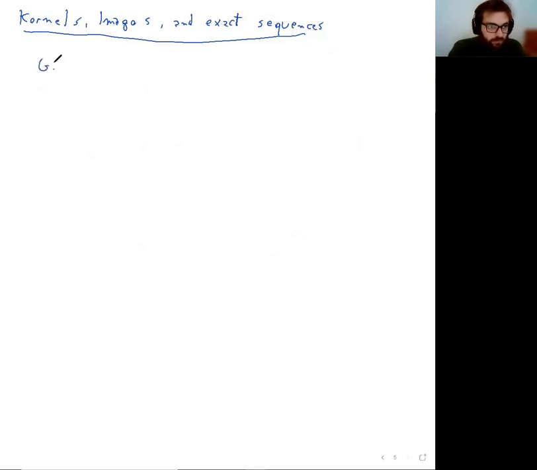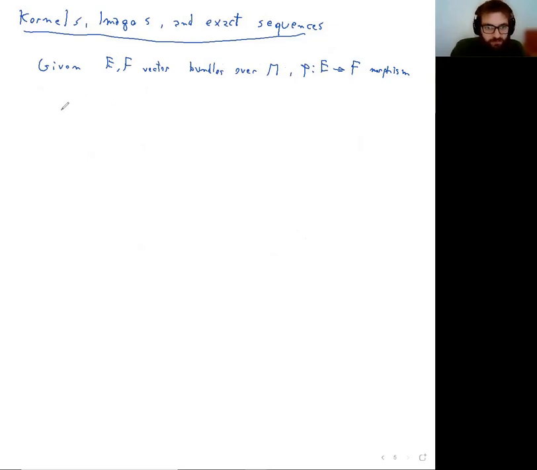Okay, so to talk about kernels, we need two vector bundles over M and a morphism of vector bundles, of course.